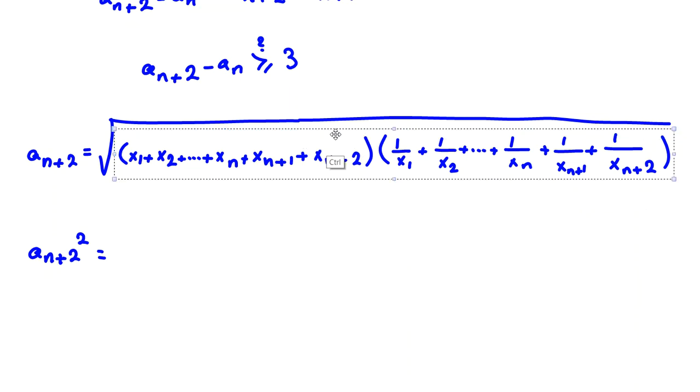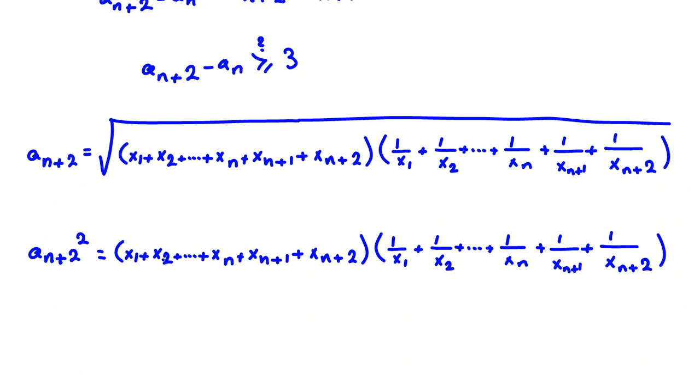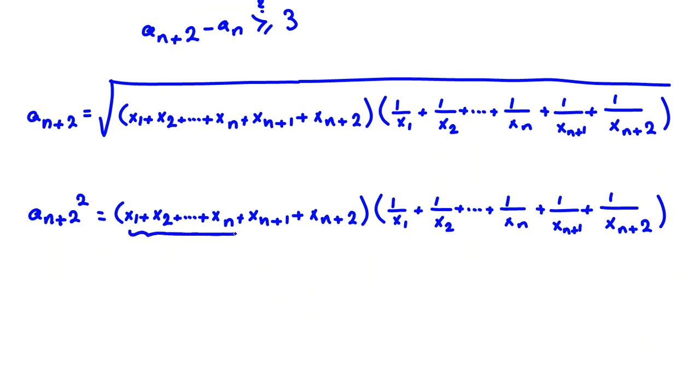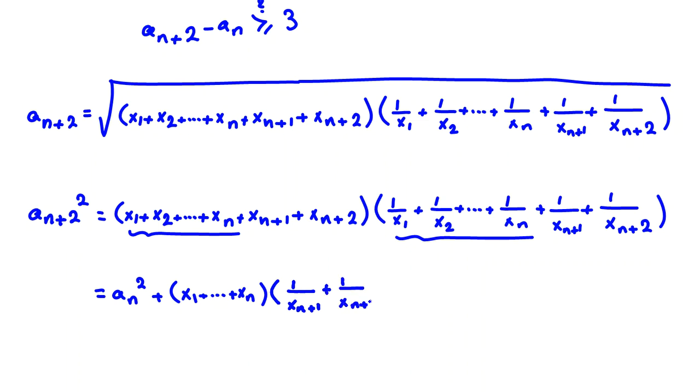Now, if we multiply this part by this part, it will be A_n squared by definition of A_n. A_n squared plus (x1 to xn) times (1/x_{n+1} + 1/x_{n+2}) plus this part, (1/x1 + 1/x2 to 1/xn) times (x_{n+1} + x_{n+2}).